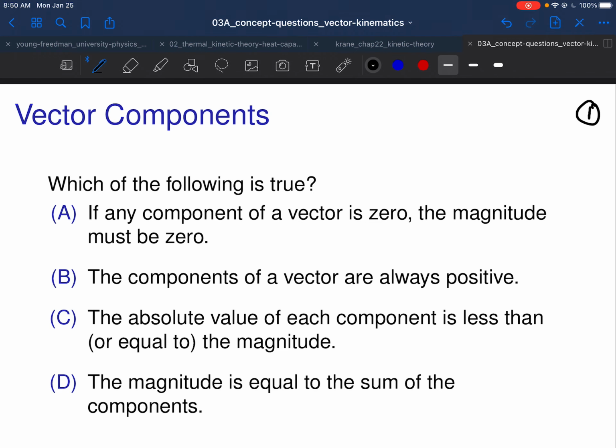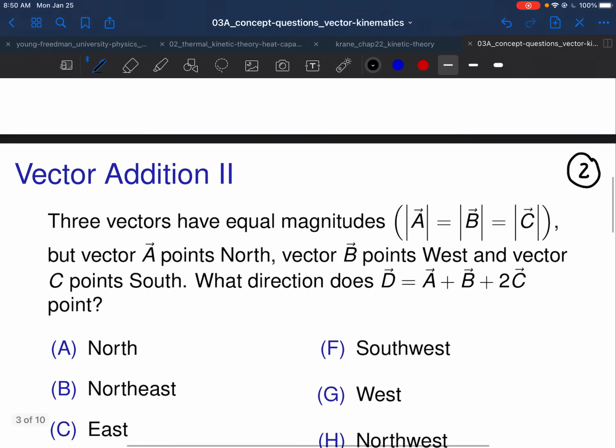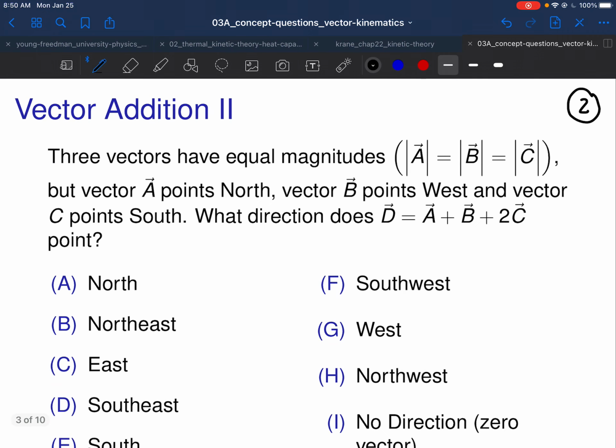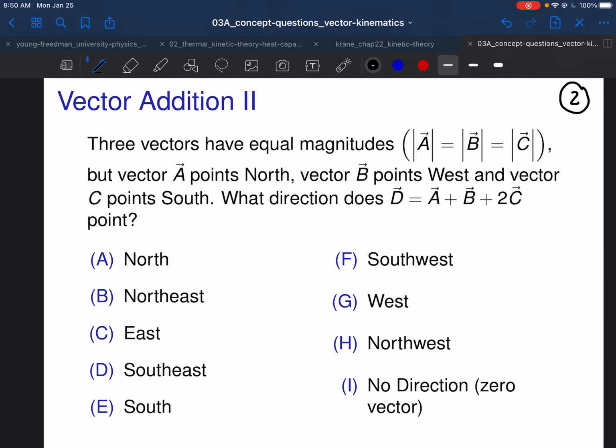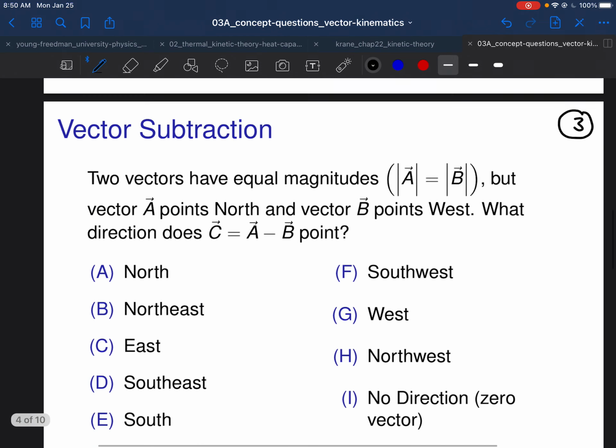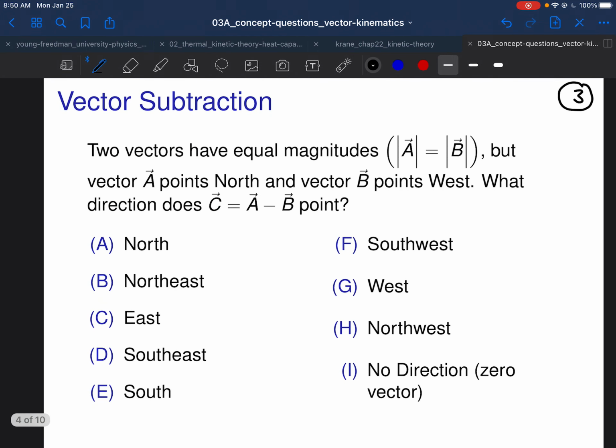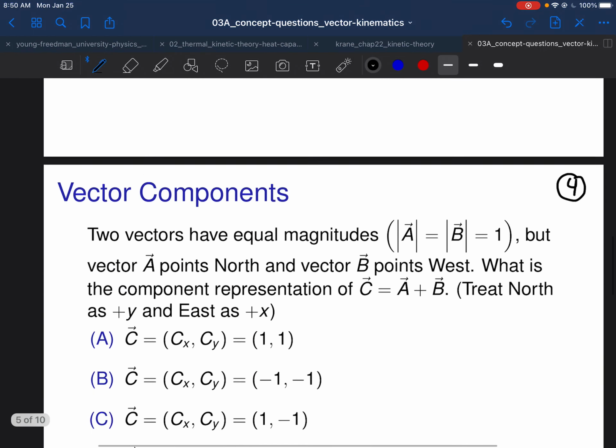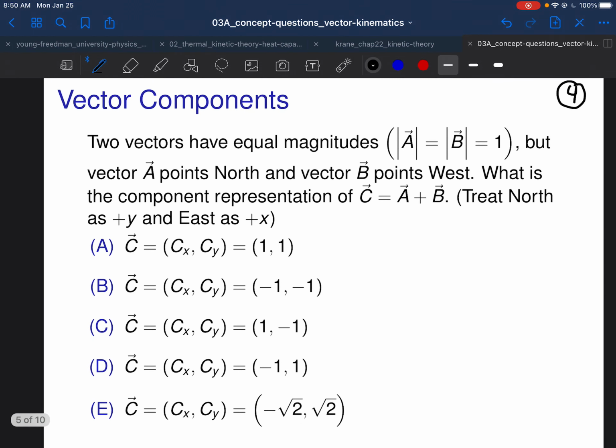Here's number 1. Again, you can pause. Here's number 2. Number 3. Number 4.